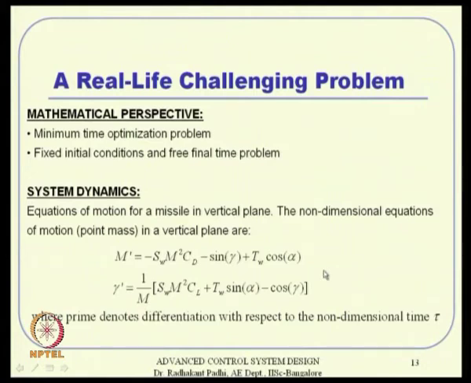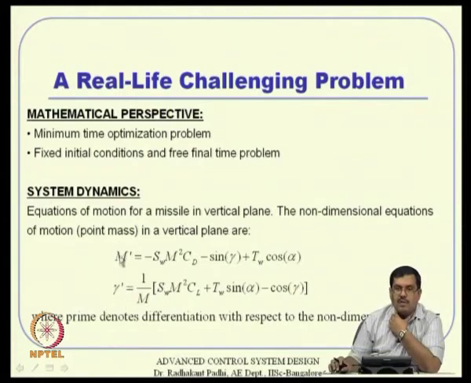So, these problems are given in detail here. What we are telling is you are primarily interested in Mach number and gamma. Gamma is the flight path angle, Mach number is the velocity of the vehicle divided by the speed of sound in that medium basically. Okay. So, we have these typical laws here, and also we know that these equations are given in terms of non-dimensional quantities, even including time.